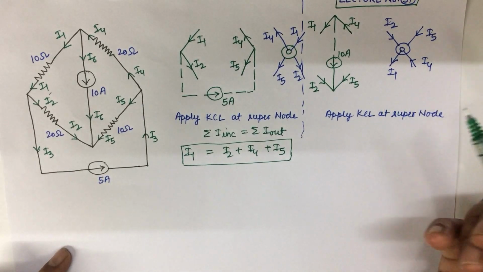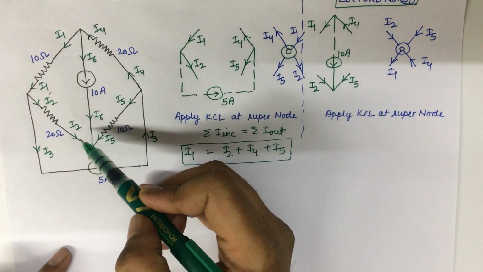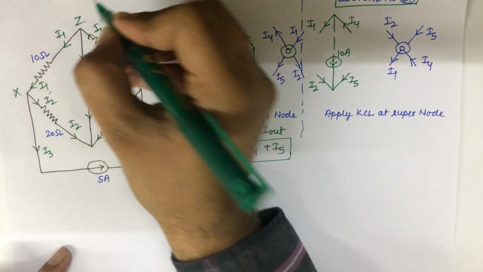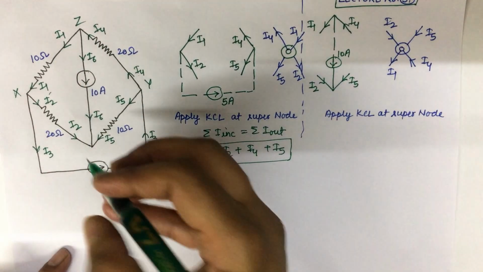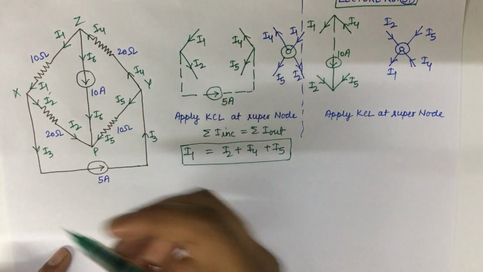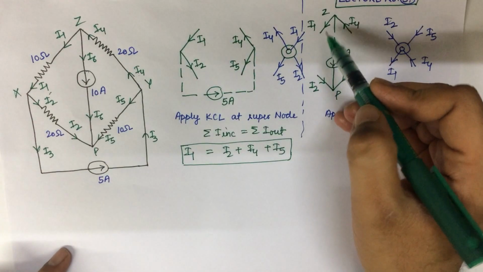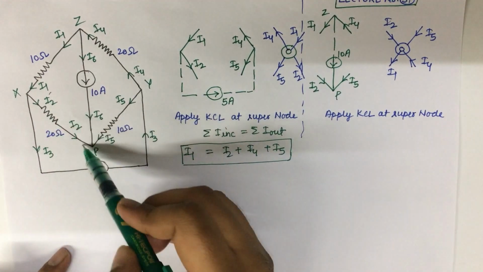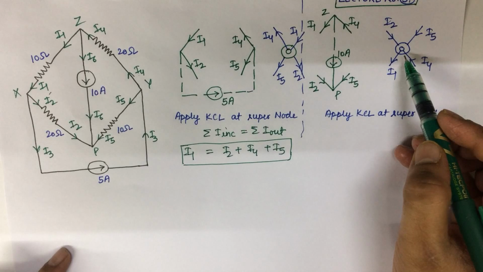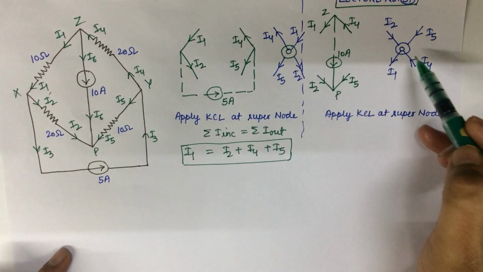Similarly, we can also assume a super node at this point and this point. Let us say this is X, this is Y, and this is Z, and let us say this is P. We apply a super node at points Z and P. So this is I1, this is I4, this is I2, and this is I5. We assume these two nodes as one point.